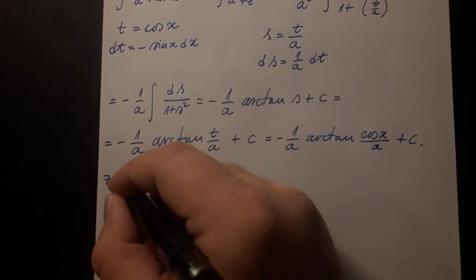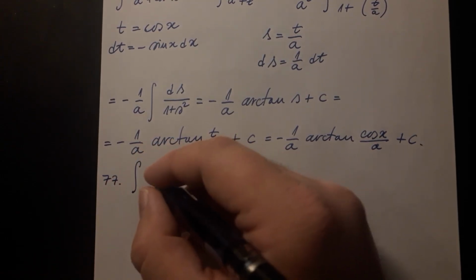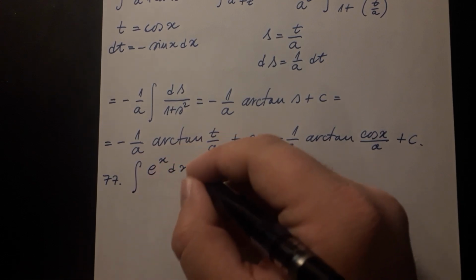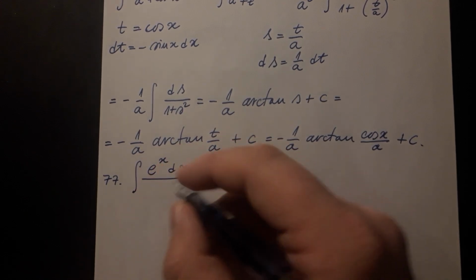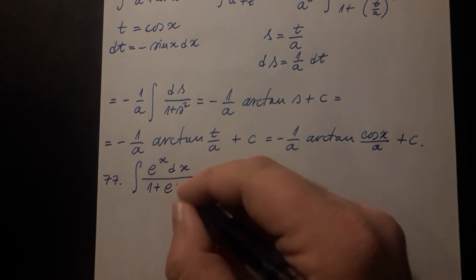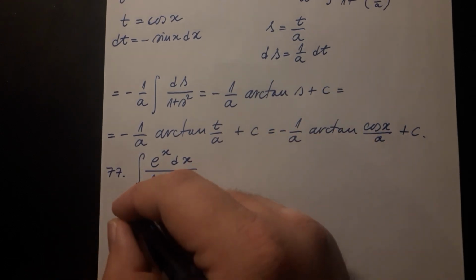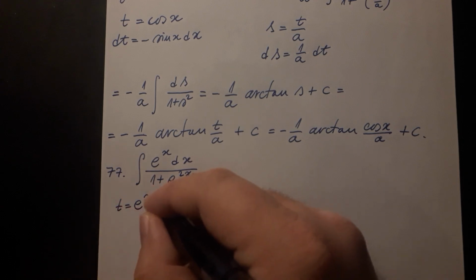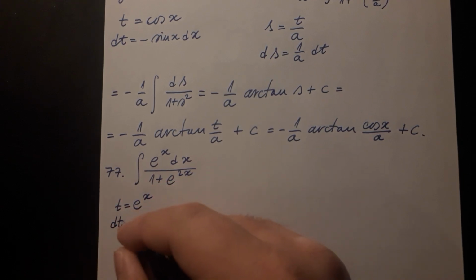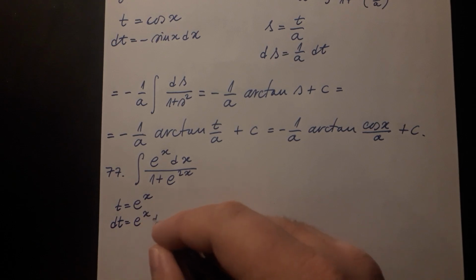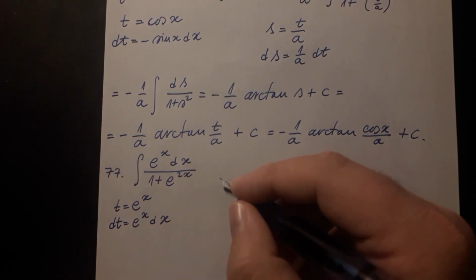Integral number 77 on our list is an integral of e to the power x dx divided by 1 plus e to the power 2x. We can introduce the substitution that t is equal to e to the power x, and then the differential of t is equal to e to the power x dx.